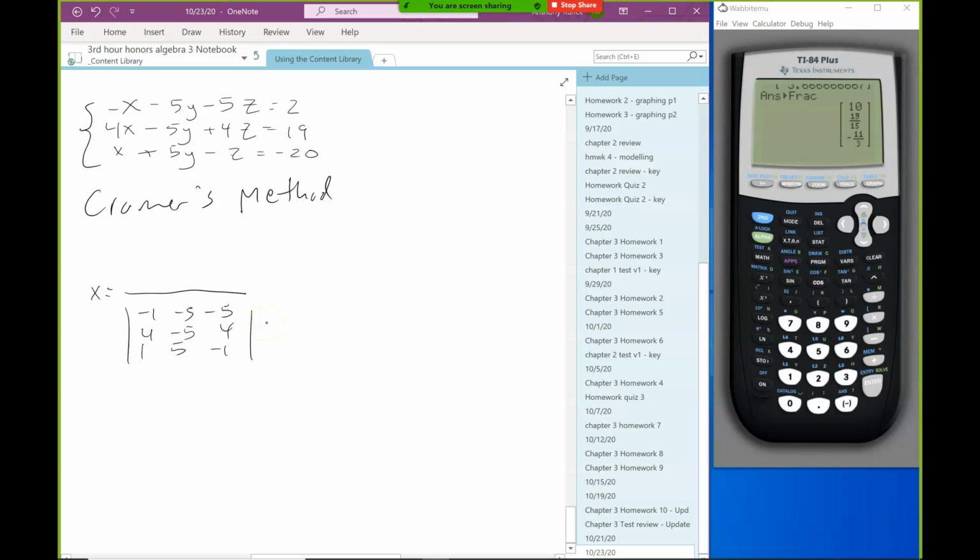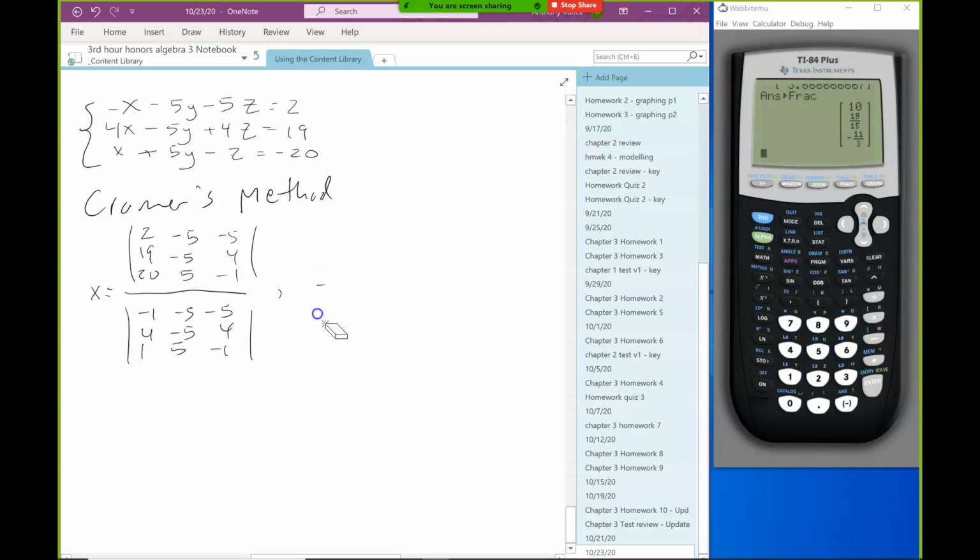No big deal. Okay. And then the top is going to be the same as the bottom, but instead of what's in the x column, I'm going to write the solutions. Everything else, though, is going to remain the same. The denominator is always the same.